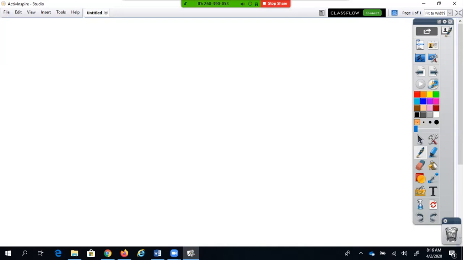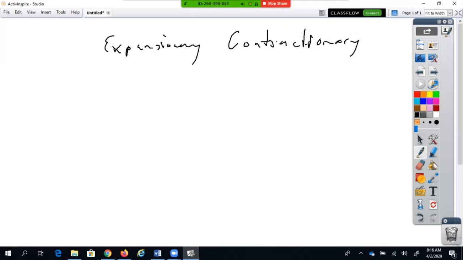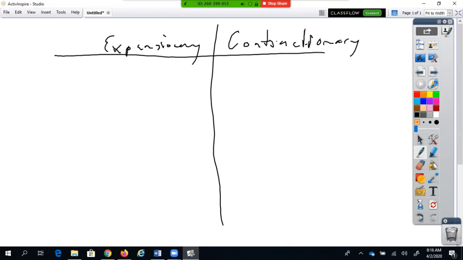I'm sorry, this is just not that neat. Expansionary, and contractionary. So there are expansionary and contractionary tools of the Fed.